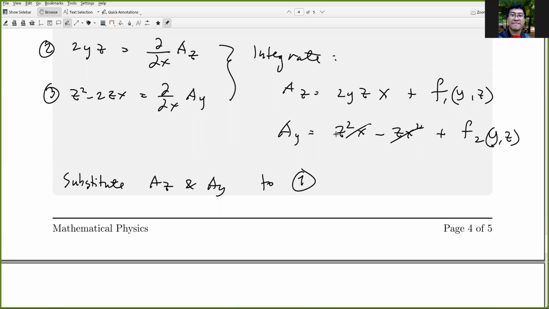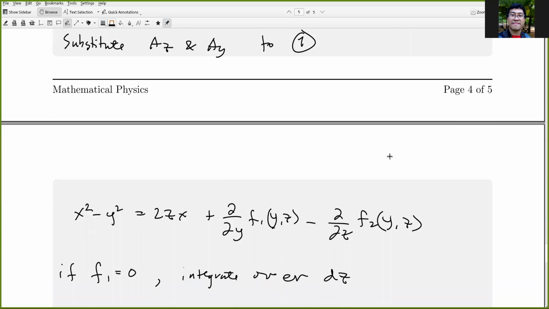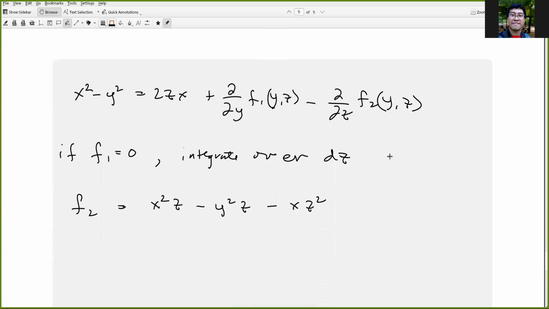Okay, my bad, that is my mistake. So AY is z squared x minus z x squared.